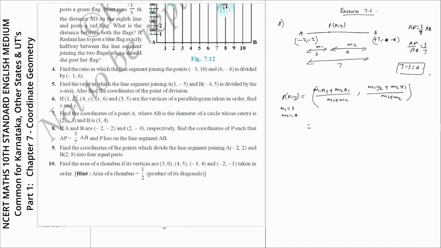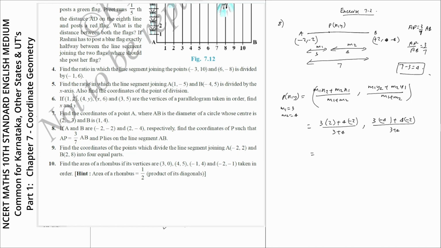So M1 is 3 into x2 which is 2, plus M2 which is 4 into x1 which is minus 2, divided by 3 plus 4. Next, M1 is 3, y2 is minus 4, plus M2 is 4 and y1 is minus 2, divided by 3 plus 4.